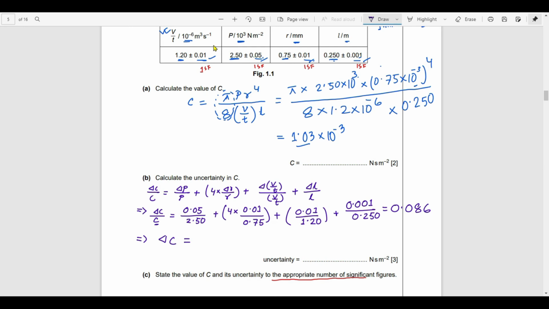We are finding del C to get the absolute uncertainty in C. So the C value is going to be multiplied with 0.086.